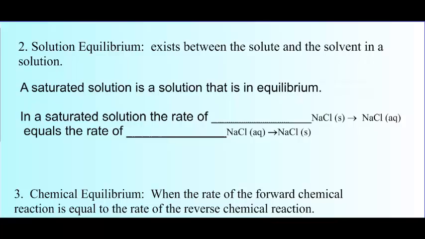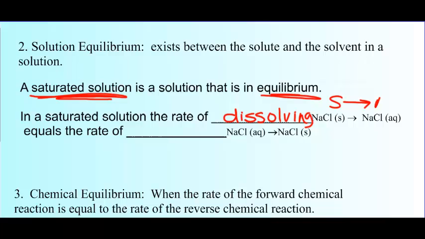There's a solution equilibrium. What you need to know is that saturated solutions are in equilibrium. And in a saturated solution, the rate of dissolving, which is when a solid turns into an aqueous solution, equals the rate of the reverse process. The rate of the reverse process would be when you're aqueous and you're turning back into solid.